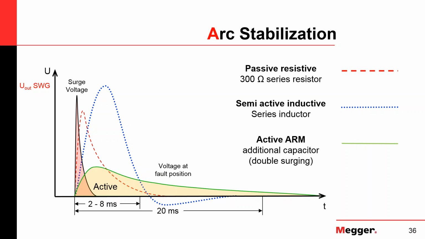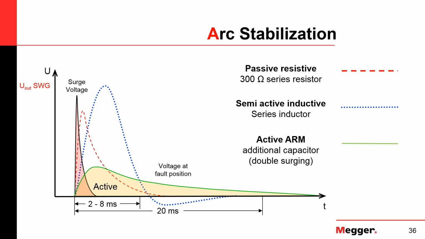There are a few different ways to do that. The most primitive one is a passive resistive filter. So you just have a resistor in line with your source, and you can see where it says surge voltage, the steep, almost needle, that is what the high voltage source, the surge generator, the Thumper, is putting out.